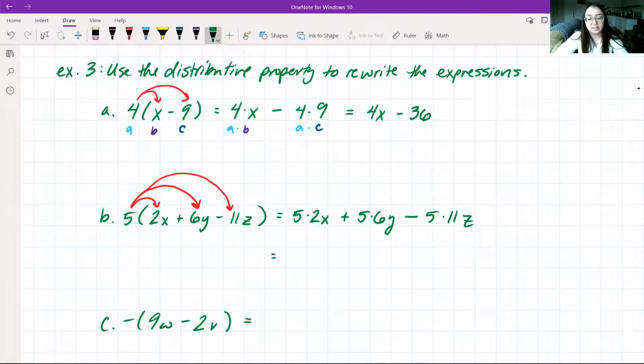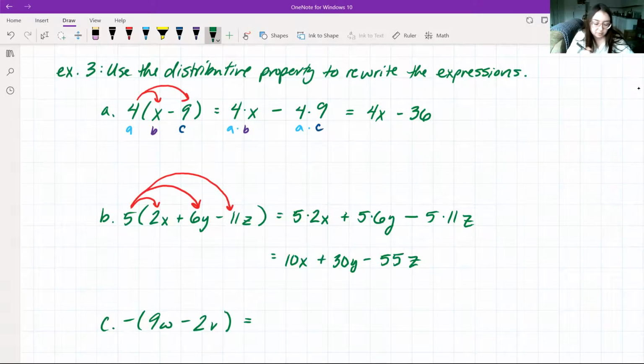Since we don't know what x is, we can just take 5 times 2 and multiply it by x. 5 times 2 is going to be 10x. 5 times 6 times y is going to be plus 30y. And 5 times 11 times z is going to be 55z. And that would be our answer for B.